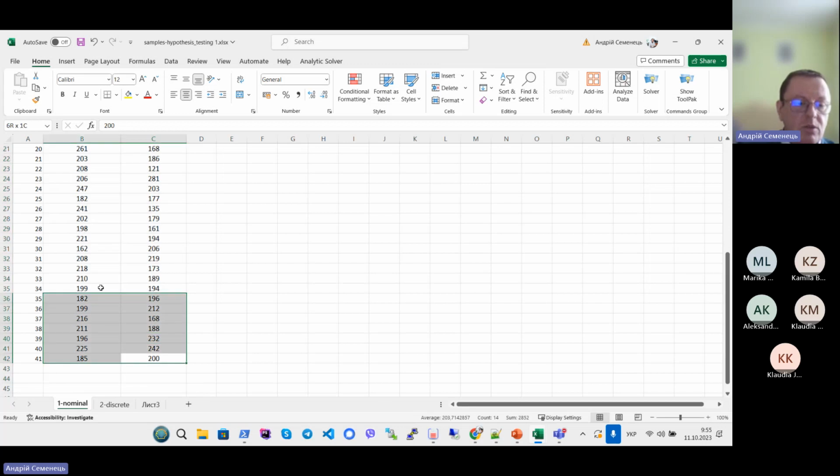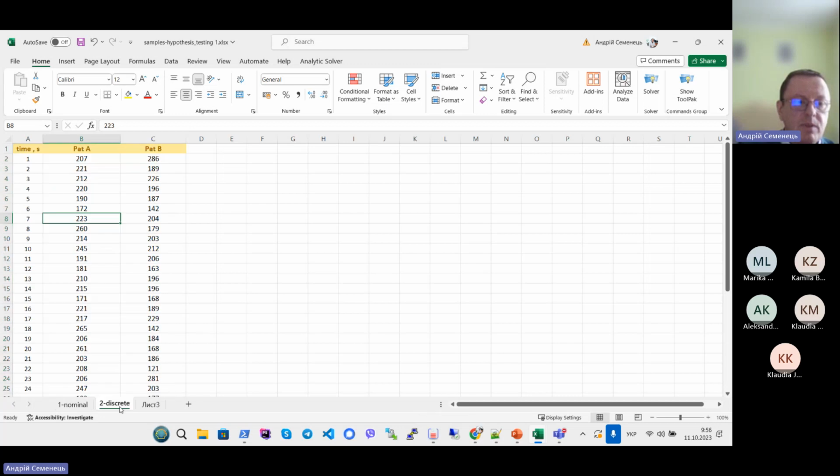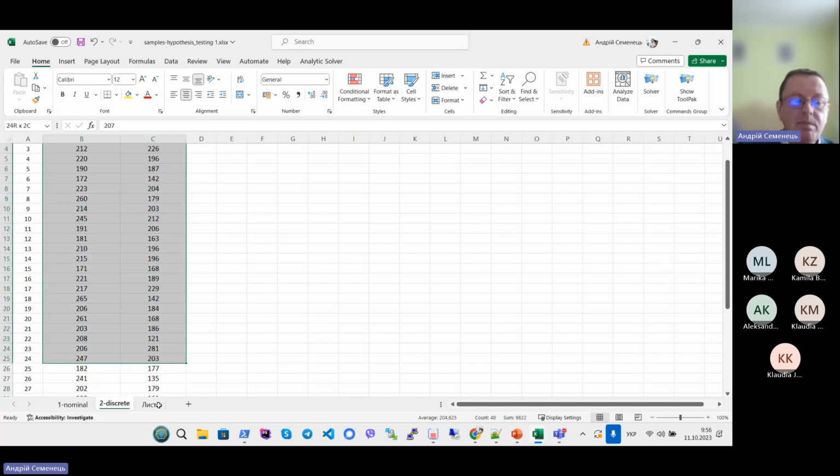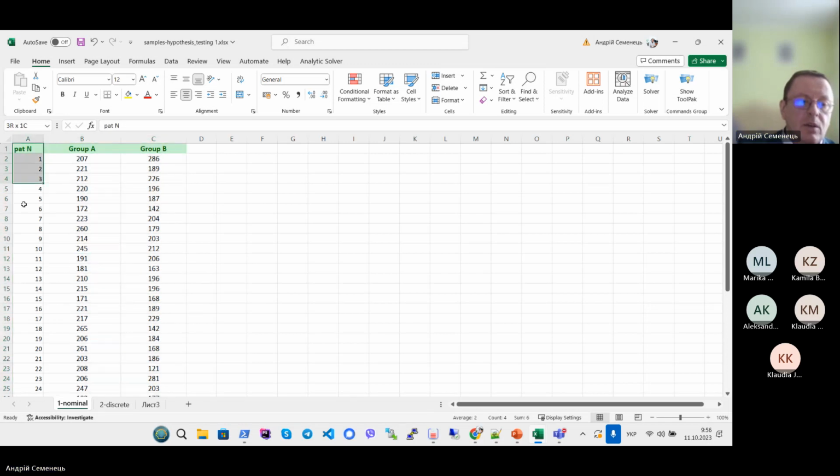But depending on how I describe my problem, those same numerical values will represent different data types. Here the label speaks about nominal data. We measure some vital characteristics from different patients, organized in two groups.